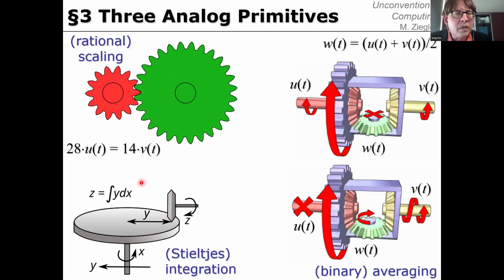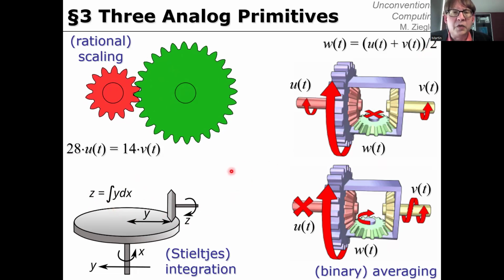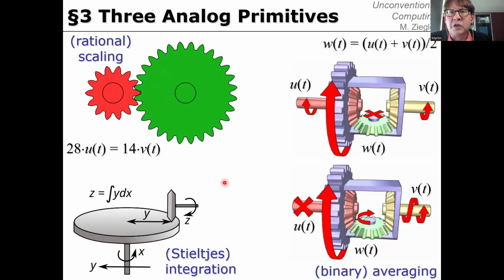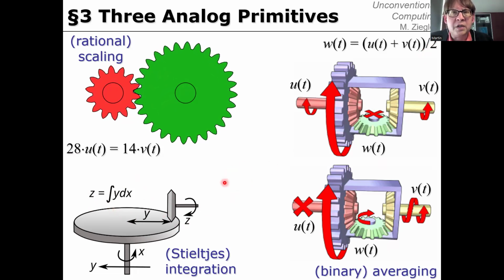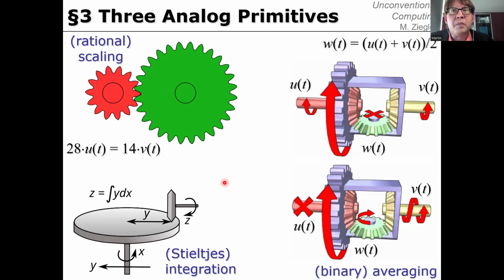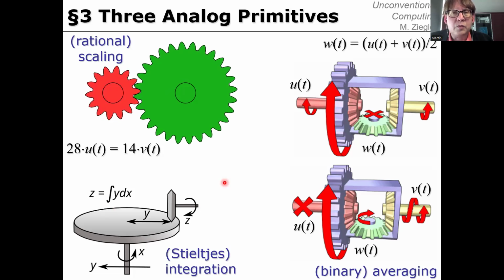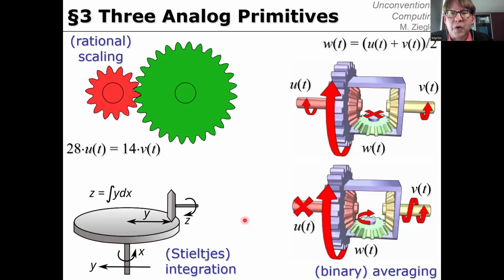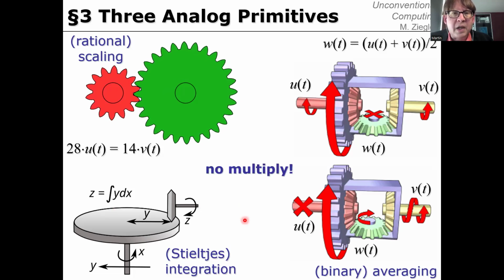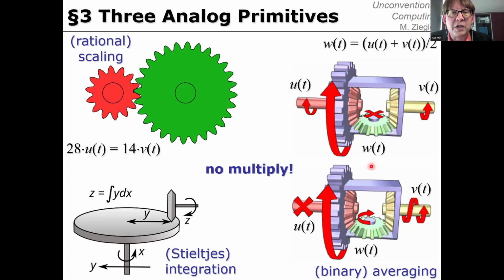And this is basically integration. And with these three gears, Bush could solve all these algebraic differential equations, although he did not know that, because only Claude Shannon proved how to do that. And one thing I want to point out here is there is no multiplication device. It can only add or average, not multiply.